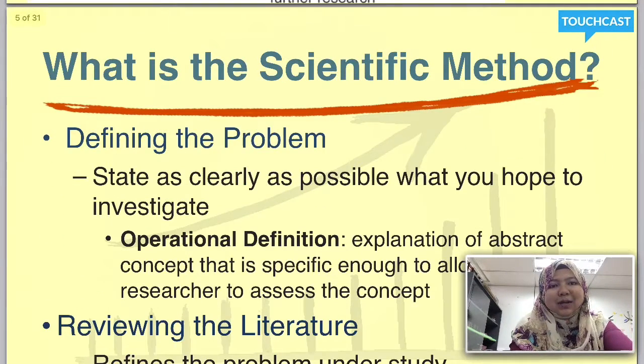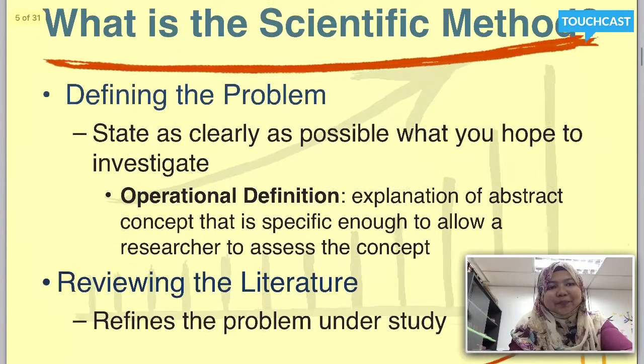So in the scientific method first step, remember about defining the problem. You need to state as clearly as possible what you hope to investigate. Under defining the problem, you need to have this operational definition. What is operational definition?